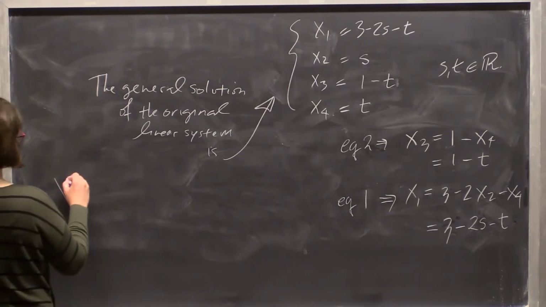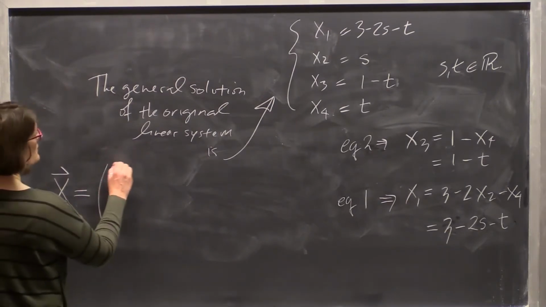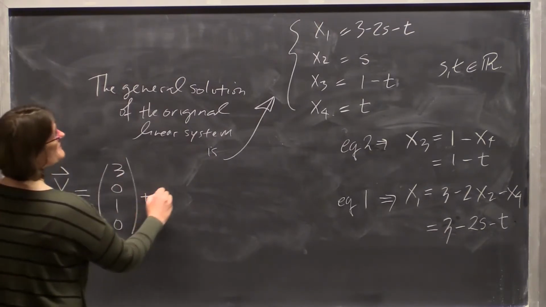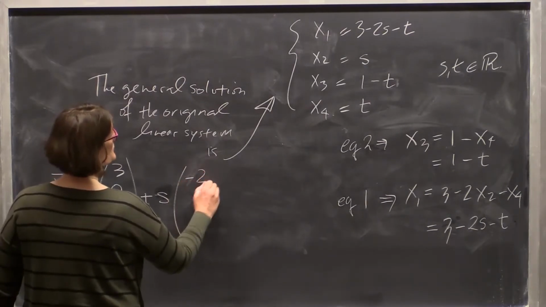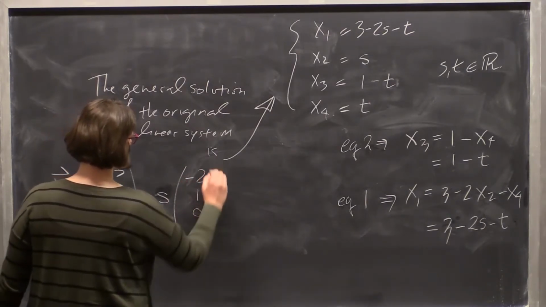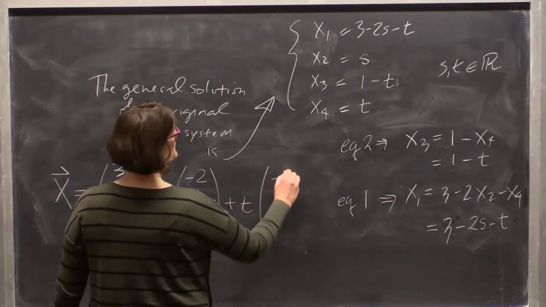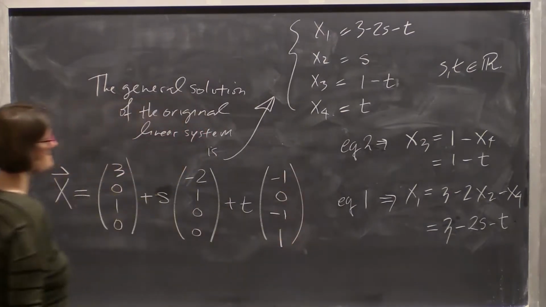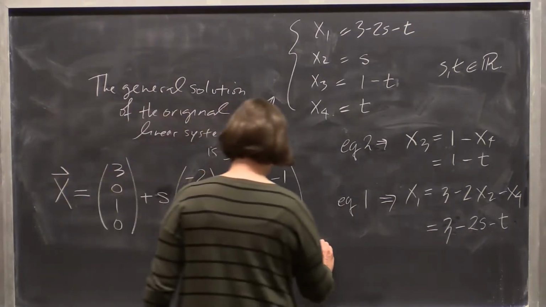If you want to write it in vector form, you can write this as (3, 0, 1, 0) plus s times (-2, 1, 0, 0) plus t times (-1, 0, -1, 1), where s and t are any real numbers.